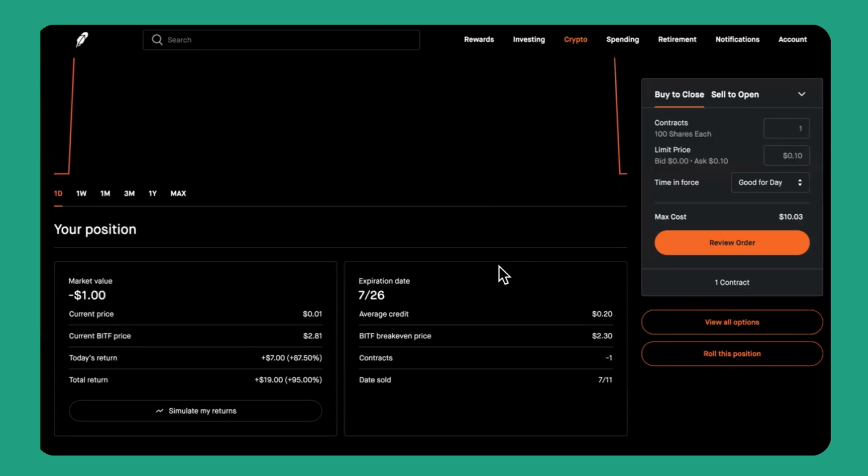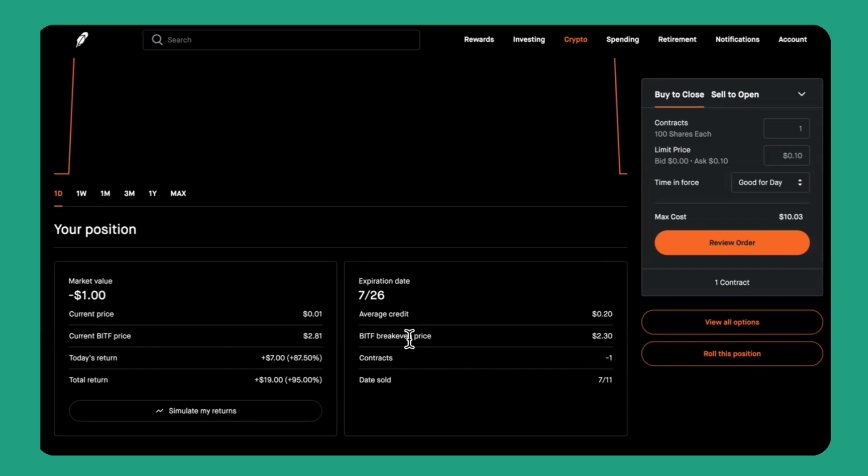As we can see here, I did sell this option on July 11th. I invested $250, as you can see here, and I received $20 back for selling this option, right? So my break-even price for this option is $2.30. So if Bitfarms falls below $2.50, I will be buying another 100 shares of Bitfarms for $230, right?